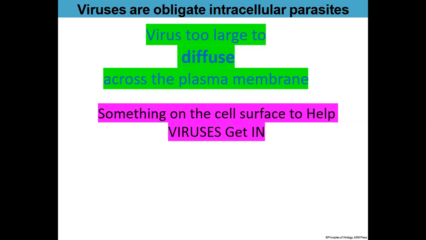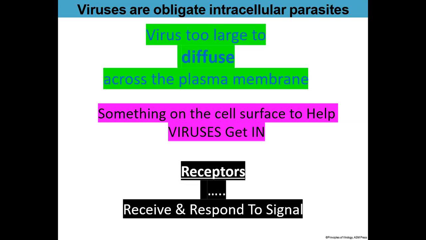They need to attach to some kind of a molecule that is present on the surface of the cell membrane, and that molecule, my dear, is called a receptor. Here you see. So receptors, how to define receptors? These are the signal receiving molecules.